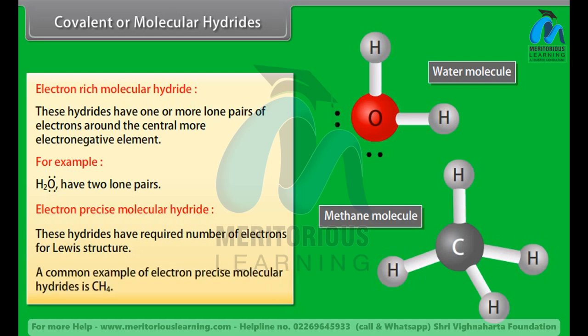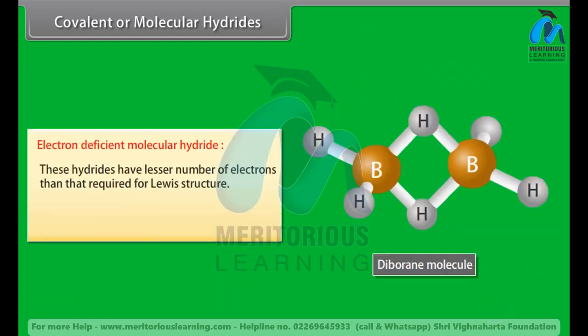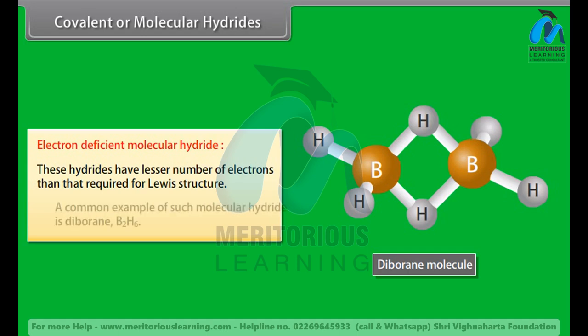A common example is methane. Electron-deficient molecular hydrides have fewer electrons than required for the Lewis structure. A common example is diborane.